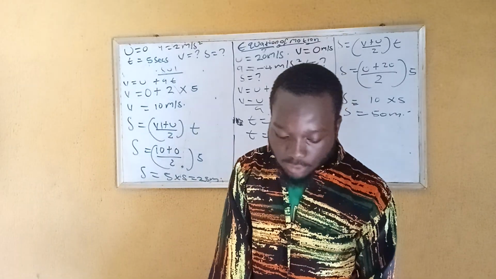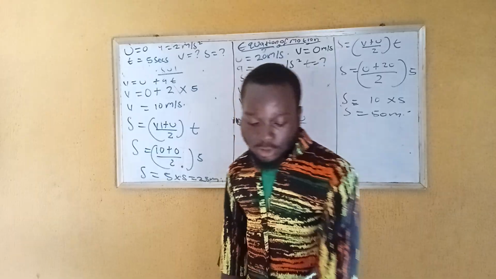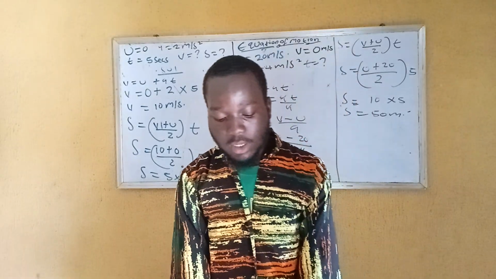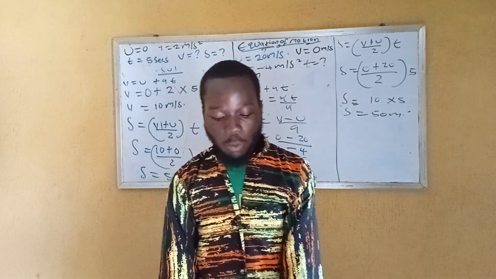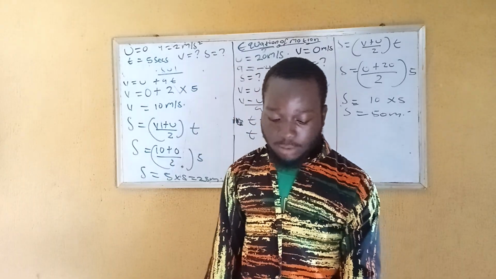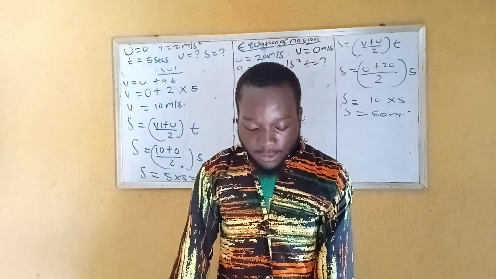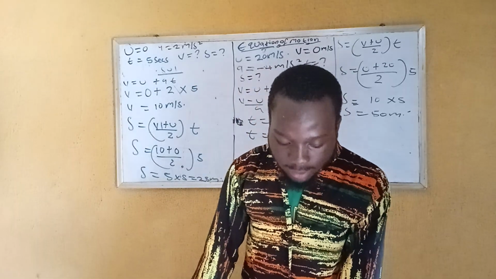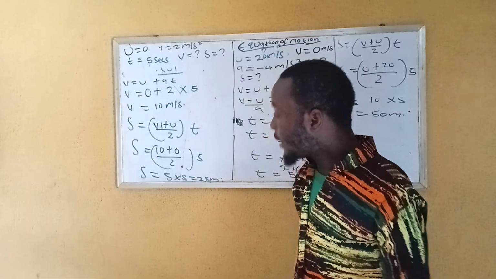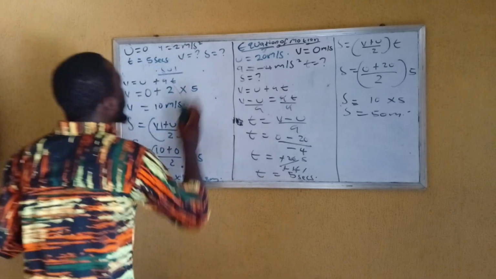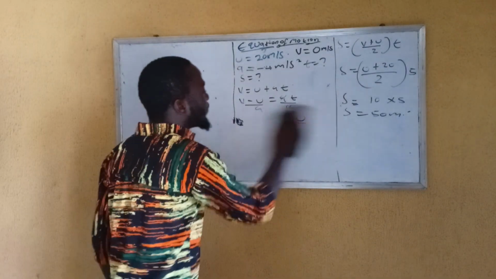A car accelerates uniformly at the rate of 10 meters per second square from an initial velocity of 36 km per hour for 30 seconds. Find the distance covered during this period. Very, very simple question.